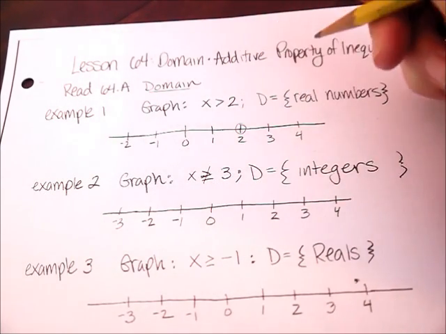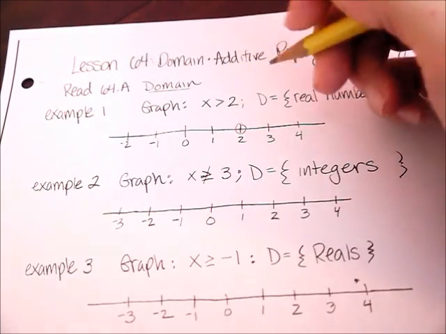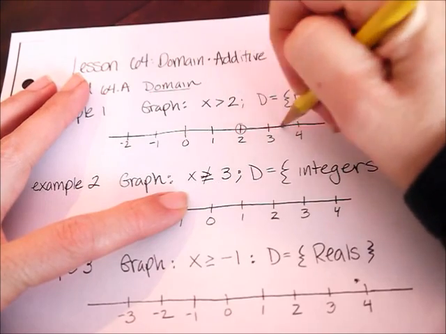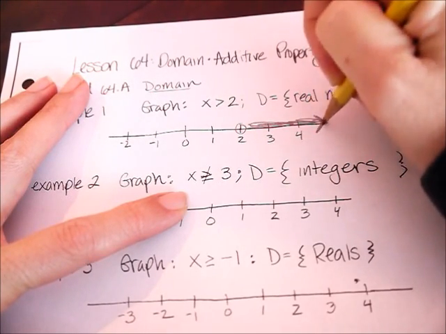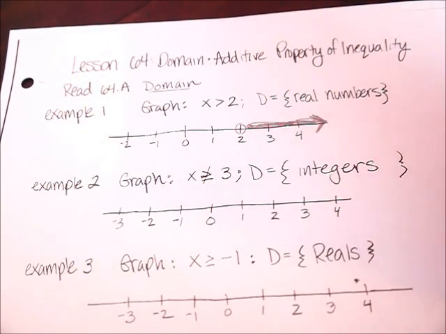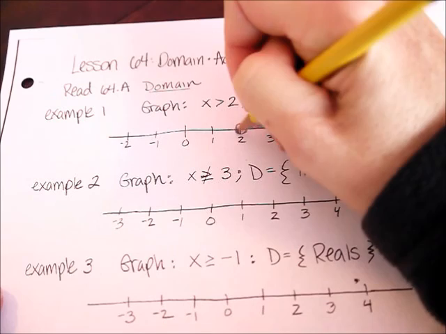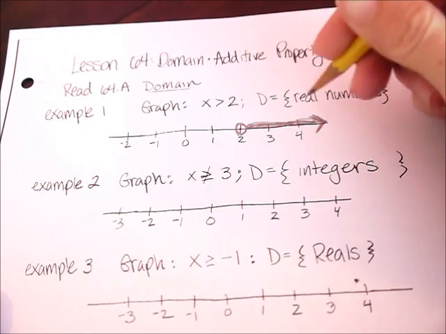It's an open circle. And now we're talking about all the numbers greater than 2. So if we do that, you're going to graph just like I do. It's going to look like that. You can do it in a different color too if you would like. So we have an open circle here, and you're going to do that, all real numbers.